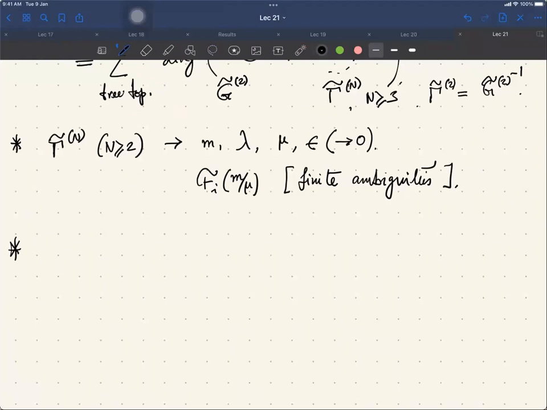And then the observable O is given in terms of the proper vertices, and therefore the observables are also written in terms of m, lambda, mu and these phi's.